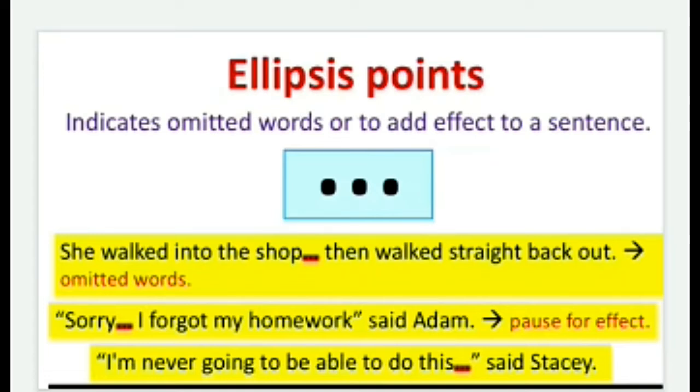Another example, "I am never going to be able to do this..." said Daisy. The sentence trails off, so they used the ellipsis point. So these are the main, important punctuation marks. You can have it in your exams.